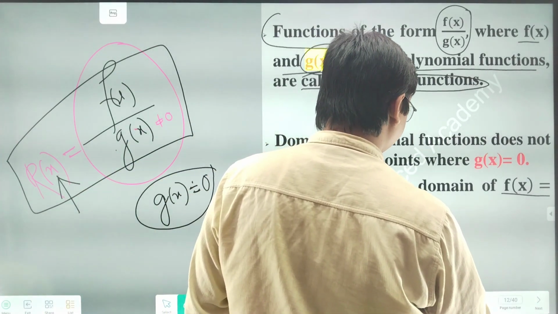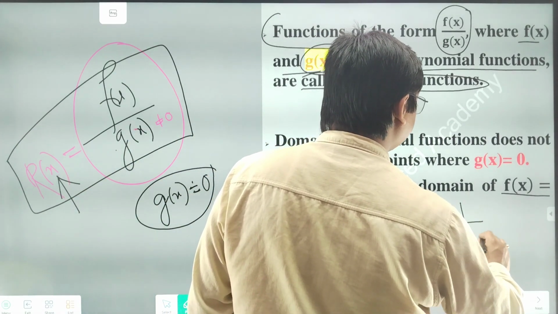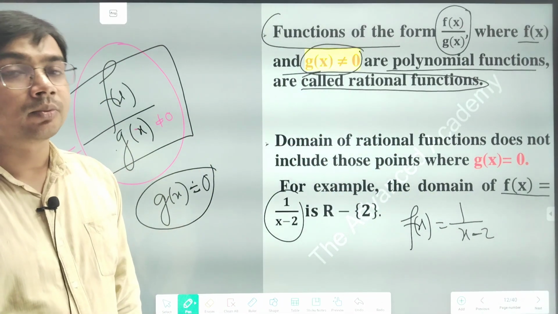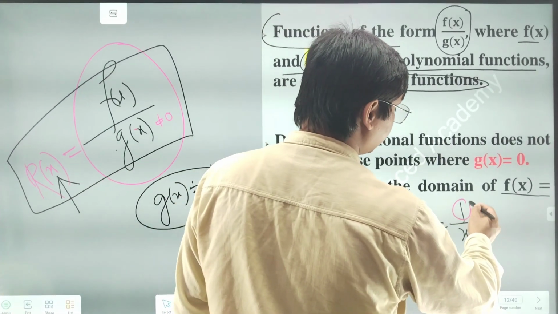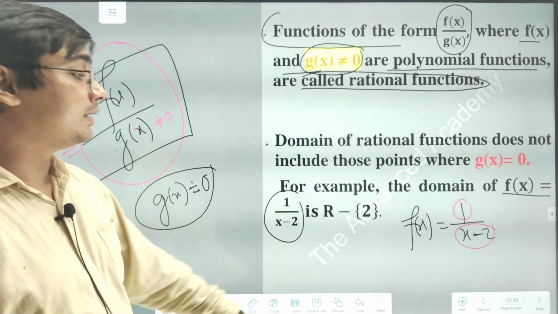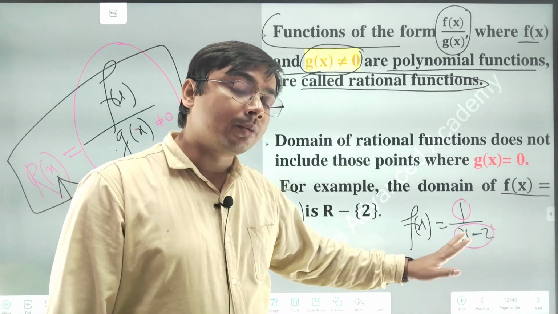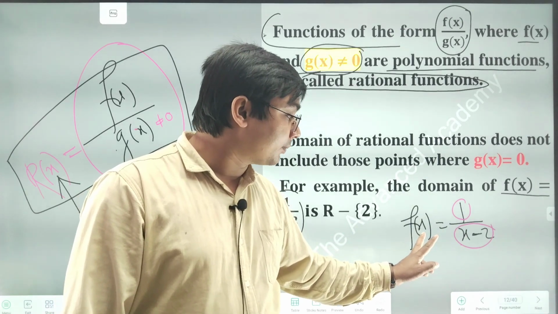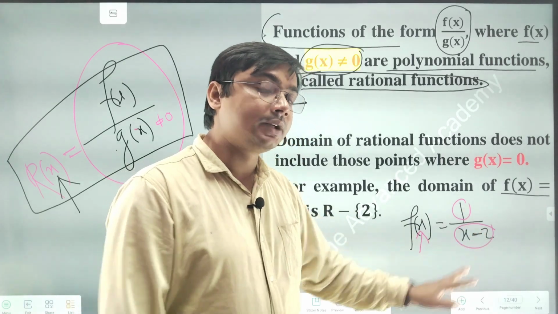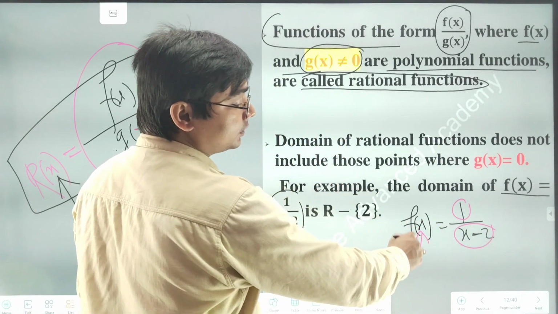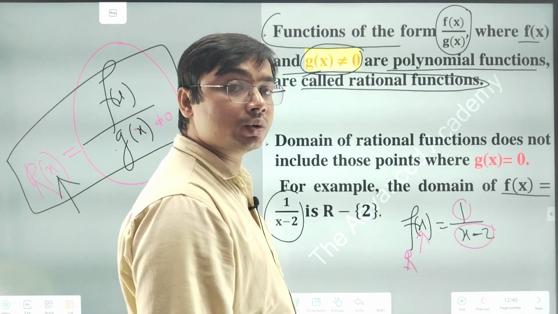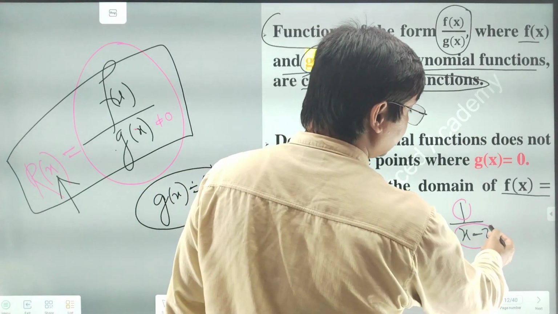So you see this is a rational function, because there is a polynomial on top and also at the bottom. But here, what will its domain be? The domain will be all possible values of x except at which the denominator is 0. You can put all the real values of x here except x equal to 2, because if we put x equal to 2 then the denominator will be 0.